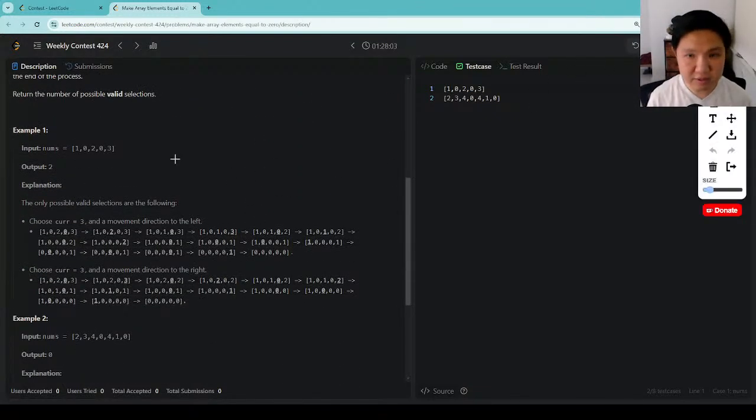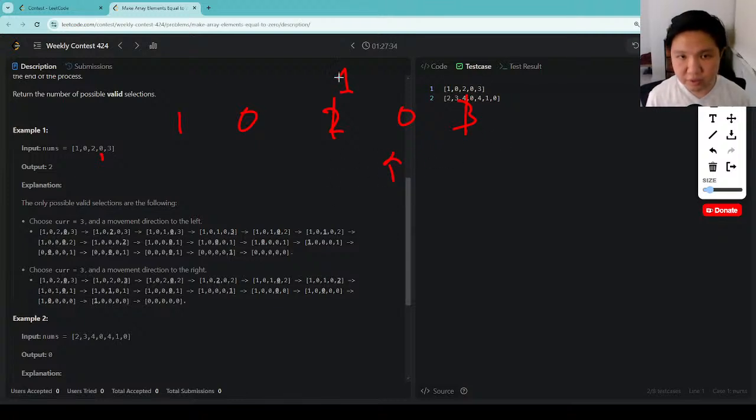So let's see if that makes sense. Let's say we start here and move to here. So 1 0 2 0 3. We start here, and then we move to the left to 2. So 2 becomes 1, and then we go back to 3.